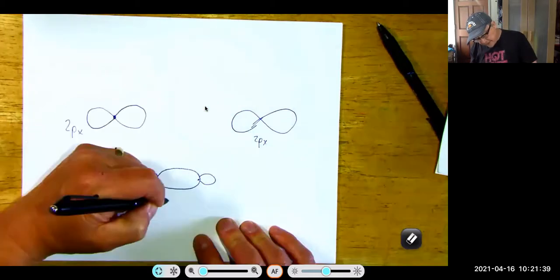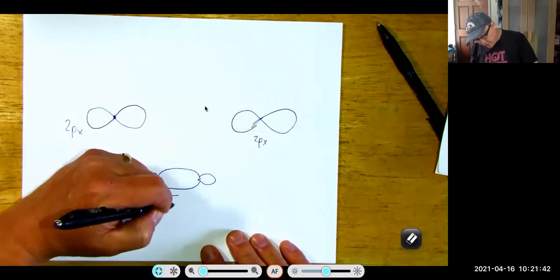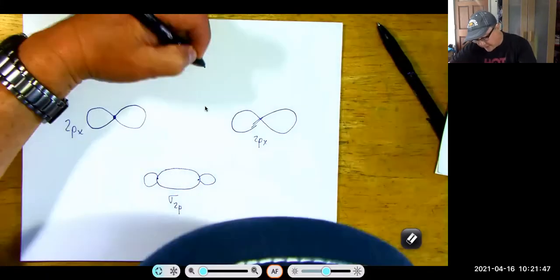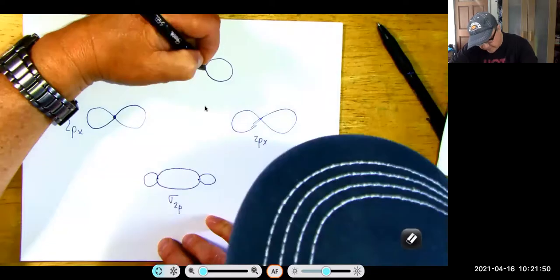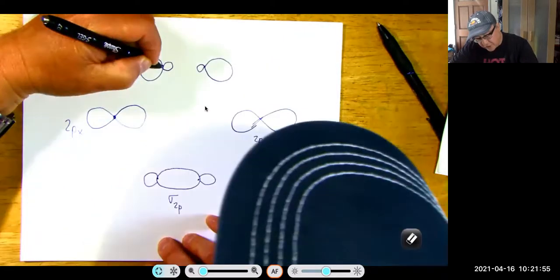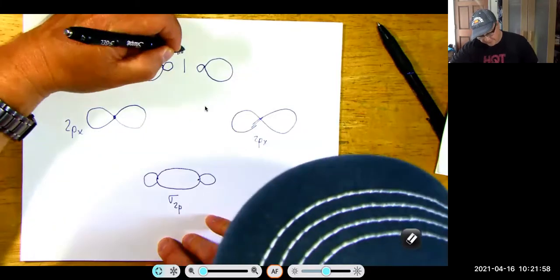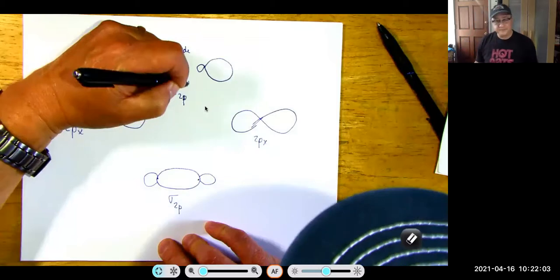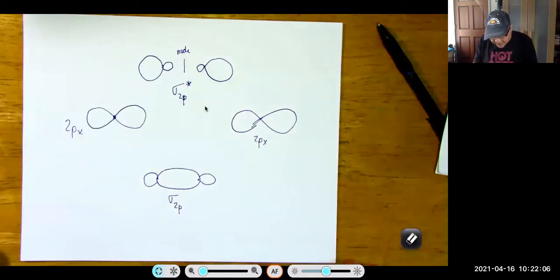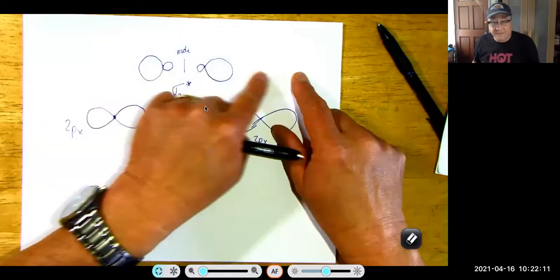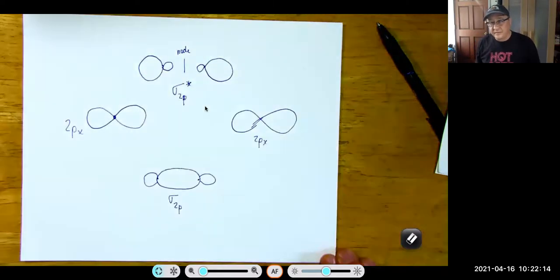And this is a sigma 2p bonding MO. And the anti-bonding MO would look like this. And here is your node. And this is a sigma 2p star. So you can see that the electrons are directly between the two nuclei or in line with the two nuclei. Okay, so here's a 2p and a 2p star.